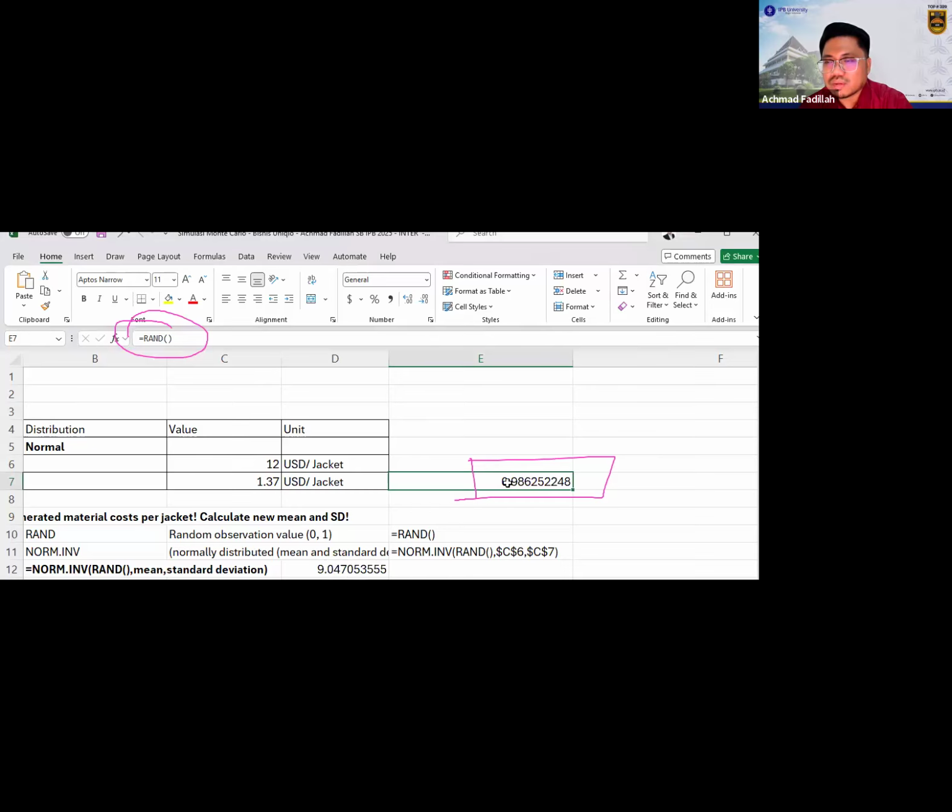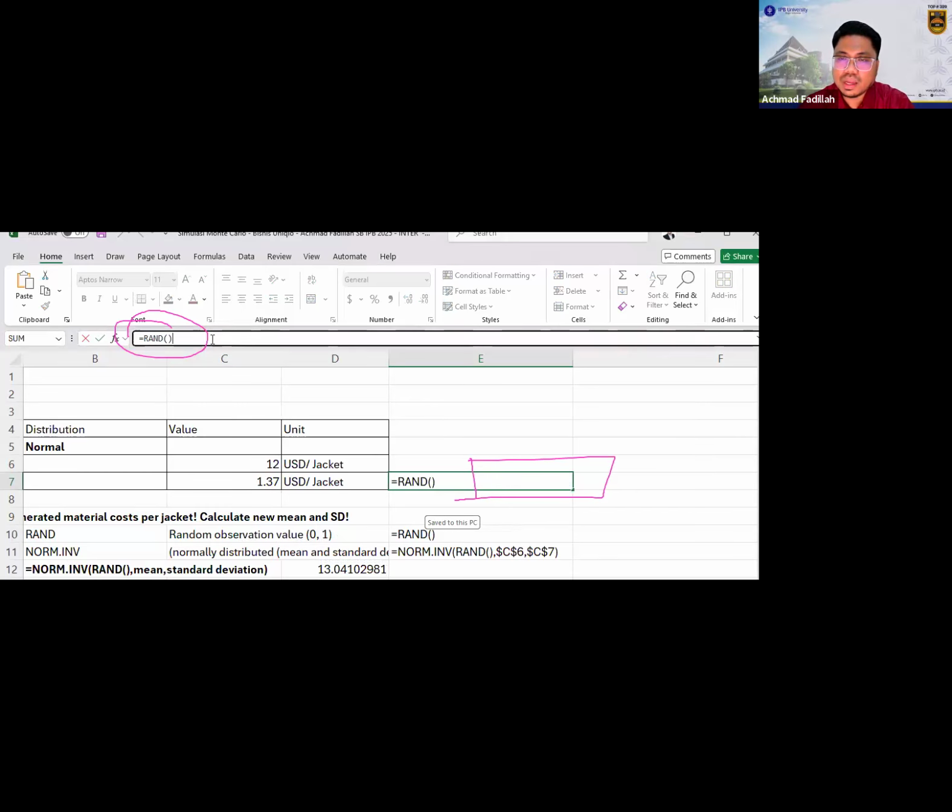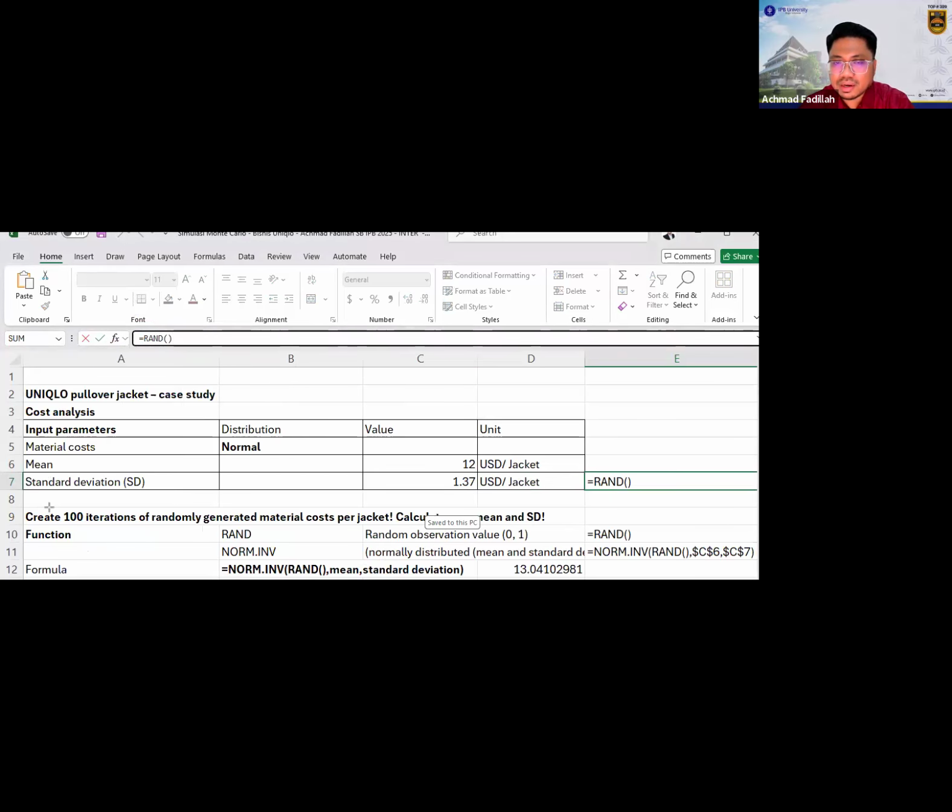That's randomly generated many times. With this you can iterate 10,000, 100,000, even a million times. You make these random numbers, and this can be used to implement randomly generated numbers. Okay, that's the important function first.